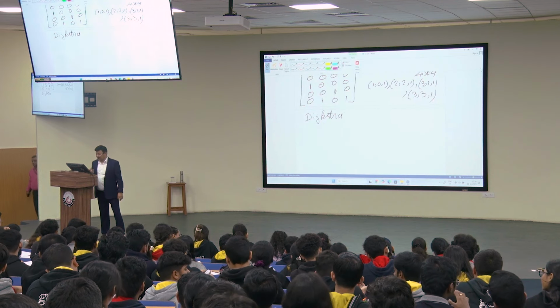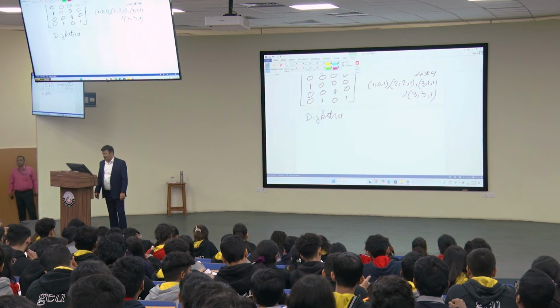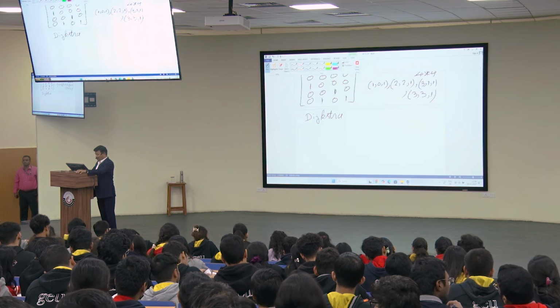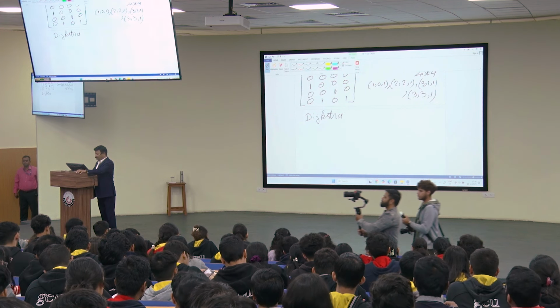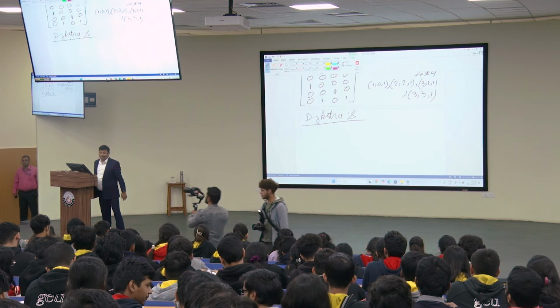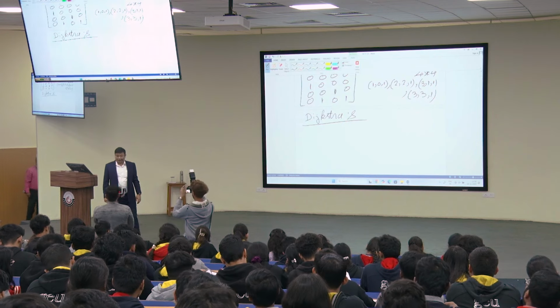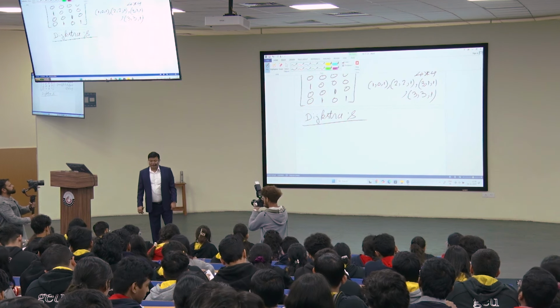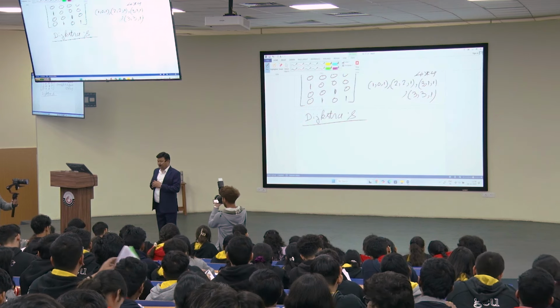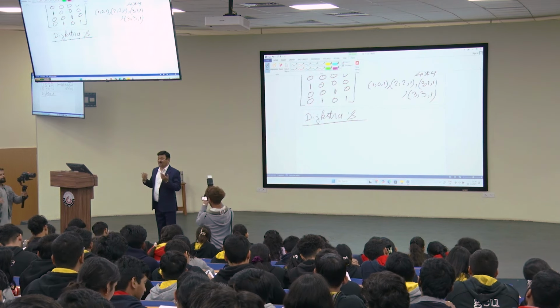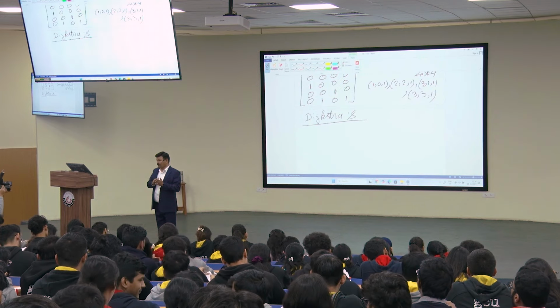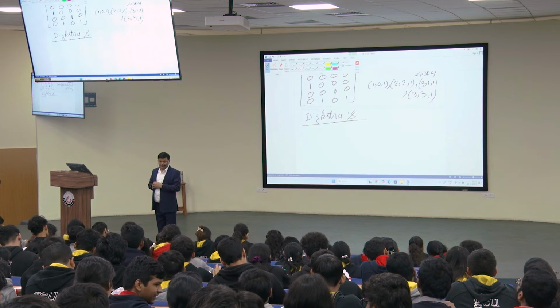Dijkstra's J is silent. Dijkstra's algorithm for finding shortest path from a source node to all other nodes. Okay, this is used to find shortest path from source node to all other nodes.